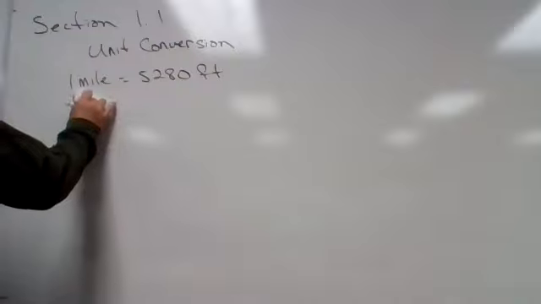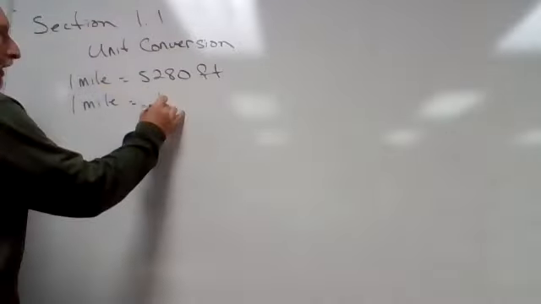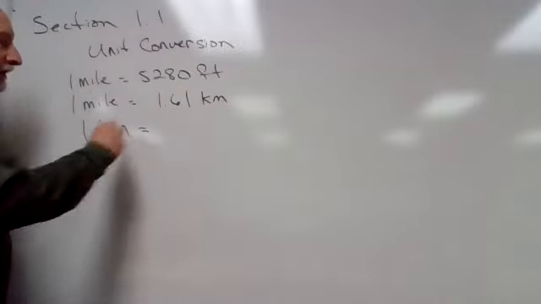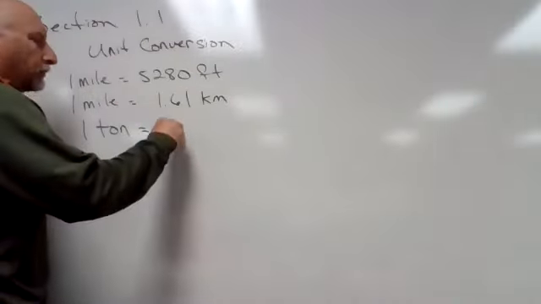Also, we don't do this very often, but 1 mile is also 1.61 kilometers. Not too often do you convert miles to kilometers, but that's a unit conversion you're going to want to know. I found out that many people don't know this, which is kind of weird to me, but we have a unit of measurement called a ton, and that's 2,000 pounds.